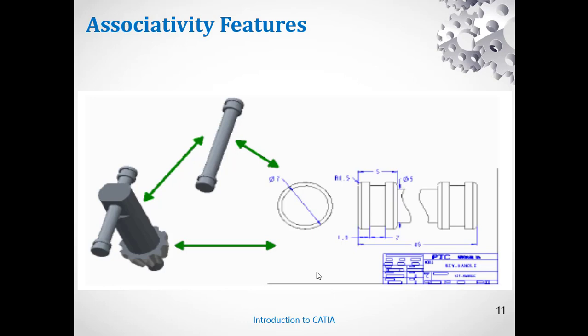Now if any revision comes for the particular part, then I don't need to change that revision in all the environments. I will open any of the environments, make the required changes in that part, and it will automatically be updated in all the remaining environments wherever I have used that part.